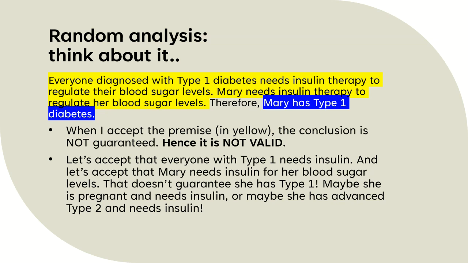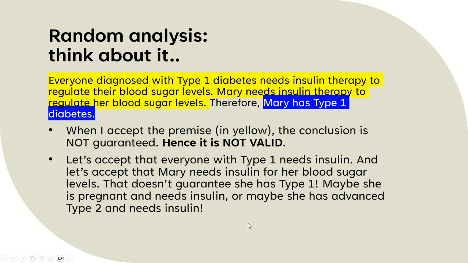All right, so let's accept the idea first that everyone with type 1 needs insulin therapy, okay? Let's accept that. And let's also just accept that Mary needs insulin therapy to regulate her blood sugar levels, okay? It's not guaranteed that Mary has type 1 diabetes based on that information. Why?